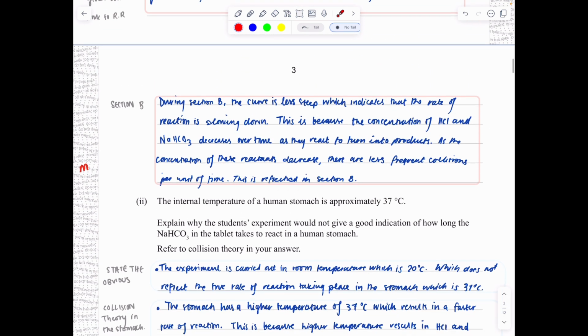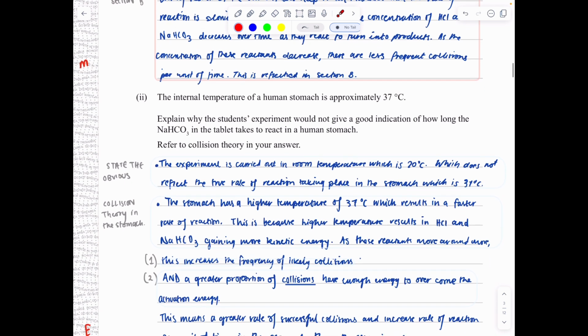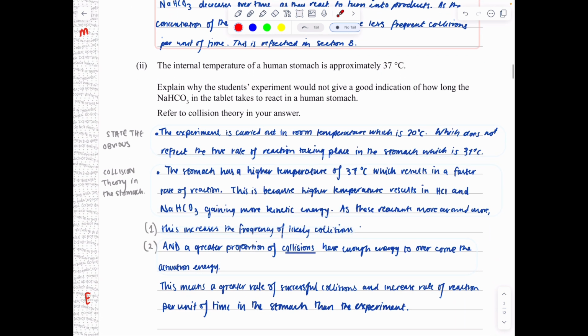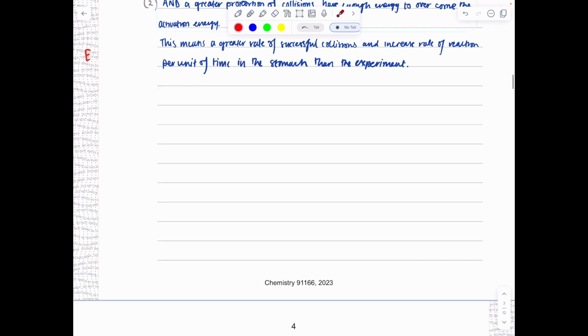So we have linked back to the context on why it wouldn't be a good indication to carry out this experiment in the room temperature environment. So that's how we answer this question, and that is worth an excellence.